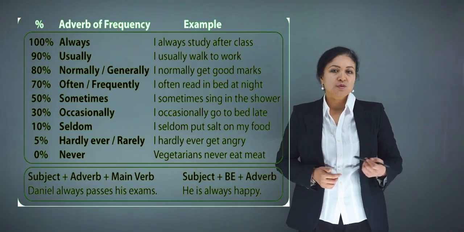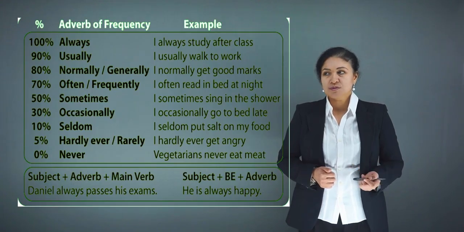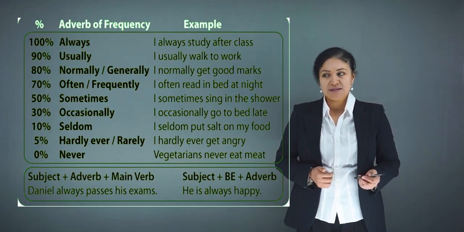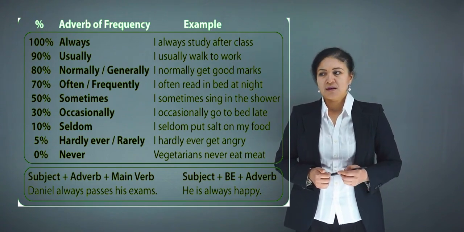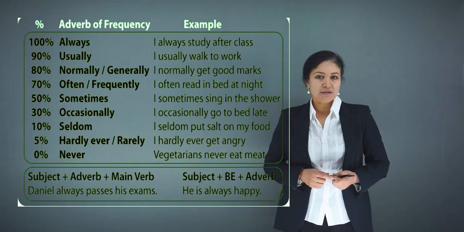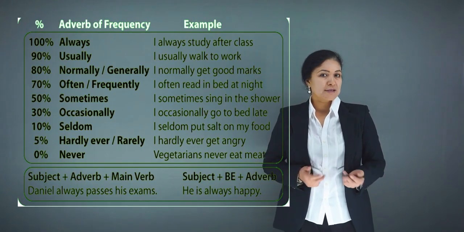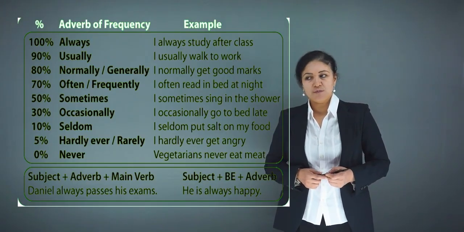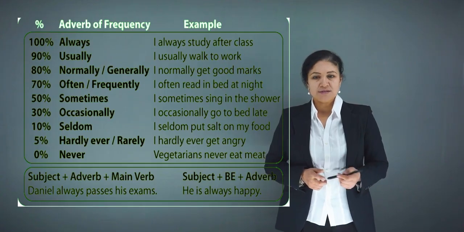If we use in the sentence the verb to be, we use adverbs of frequency after the verb to be. For example, he is always happy, or he is often late. After the verb to be, we use adverbs of frequency.